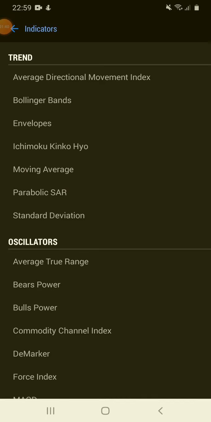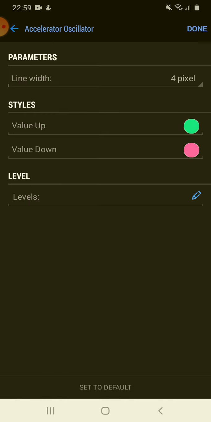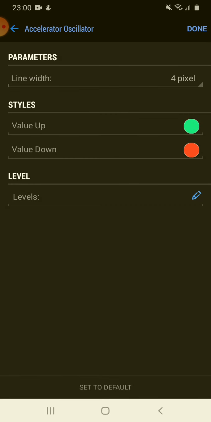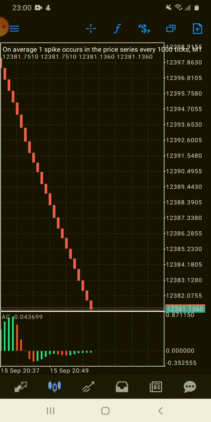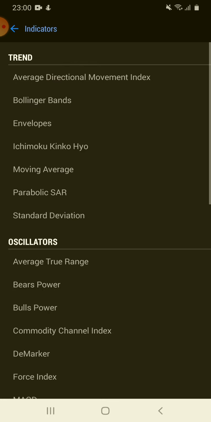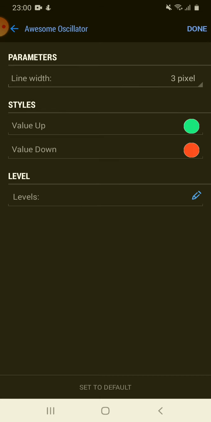You just press the F, scroll down all the way to the bottom, and choose accelerator oscillator. Leave your colors at maybe pink and green, or red and green, whatever makes you happy. And that's placed. Next, we go to the main chart and we add awesome oscillator.